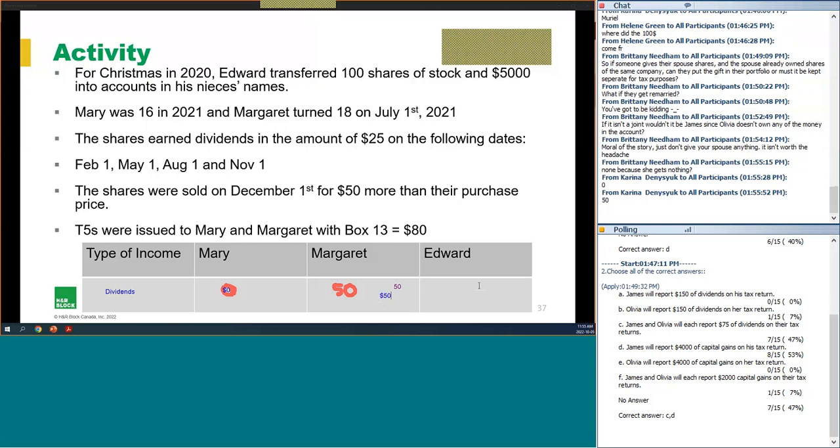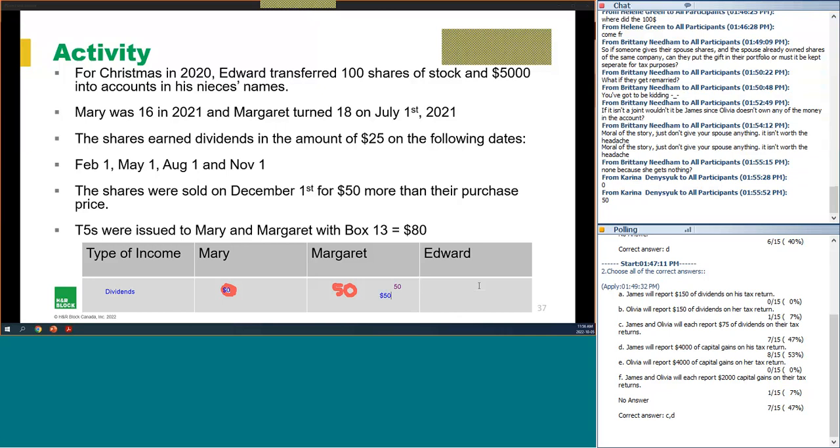What about Edward? How much dividend income does he have to report even though he doesn't own the shares? What do we think? 150, which is half of Margaret's and all of Mary's. Excellent. Good.